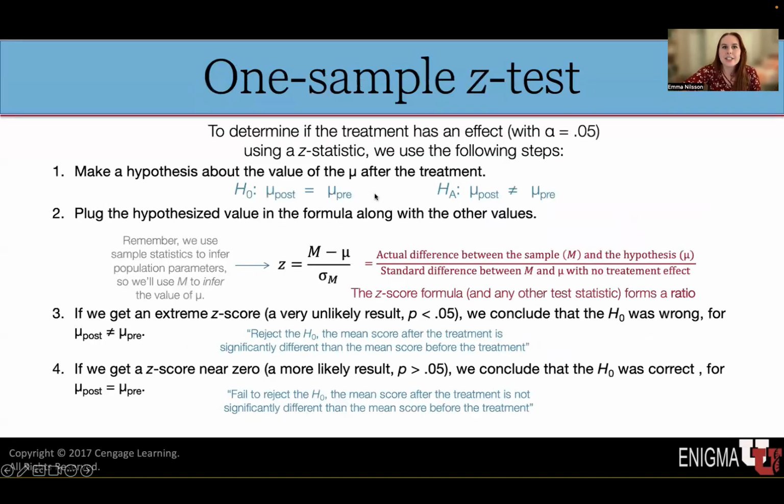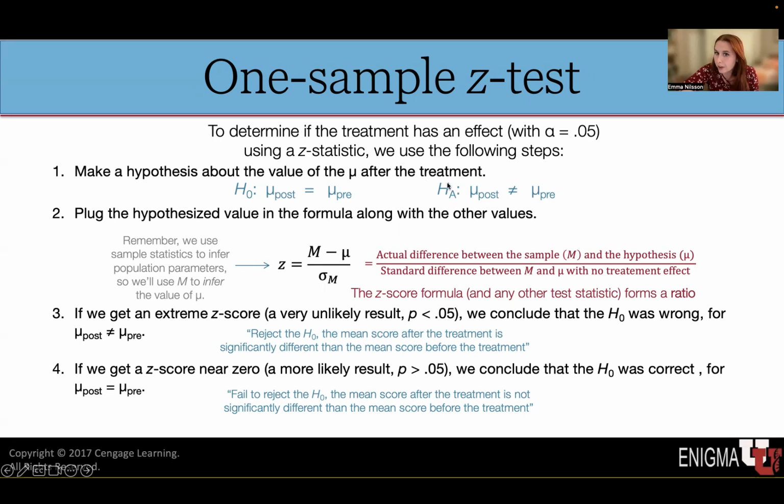Okay, here is a brief summary of each of those steps. If we were to determine if the treatment had an effect with an alpha of 0.05 using a Z statistic. Remember, step 1, we make a hypothesis about what the value of the population mean will be after the treatment. The null is that the mean after the treatment is going to be the same as the mean before the treatment.